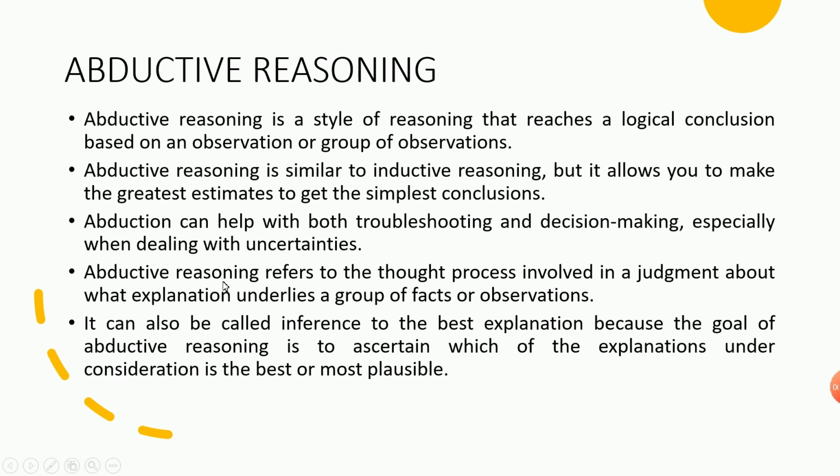Here what they are saying is that abductive reasoning refers to the thought process involved in a judgment. What explanation underlies a group of facts? When we are reading a certain fact, or when we are trying to understand a subject, we go through a judgmental process in our own minds. That process is known as abductive reasoning.